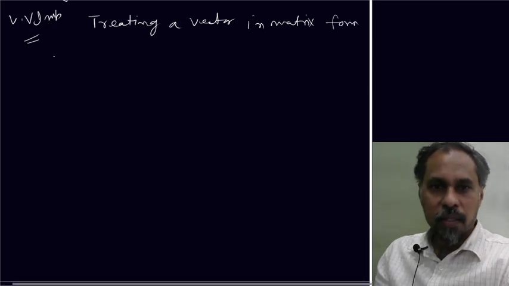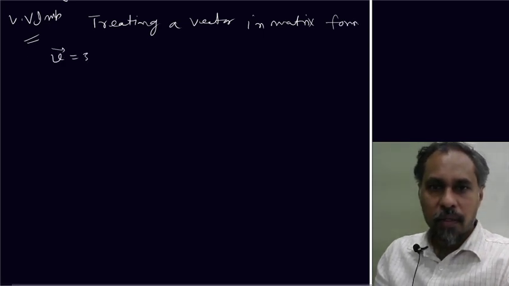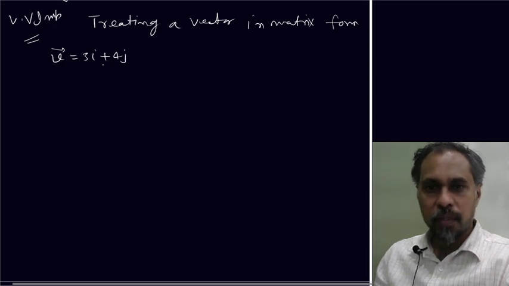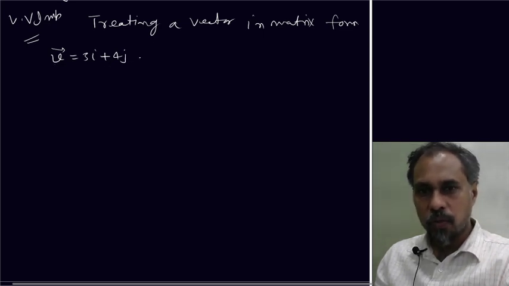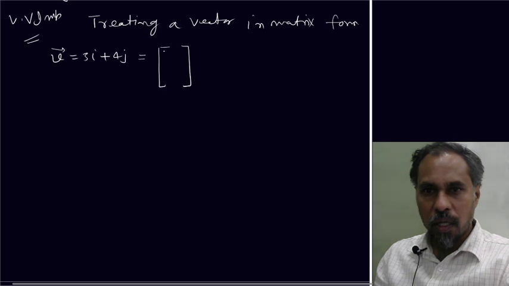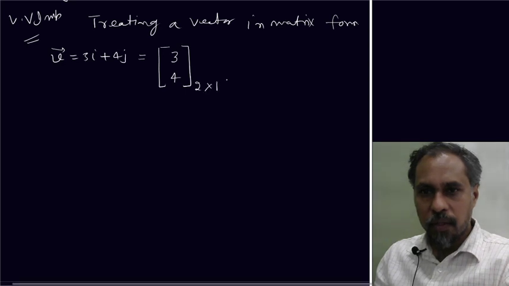I take the same example of this vector, that is 3i plus 4j. Now somebody can ask a question: can I represent this vector in terms of a matrix? Yes, it is very easy to represent the vector in terms of a matrix. So I will sketch a column matrix and put this scalar quantity 3 here and this scalar quantity 4 here. So it is a 2 by 1 dimensional matrix.